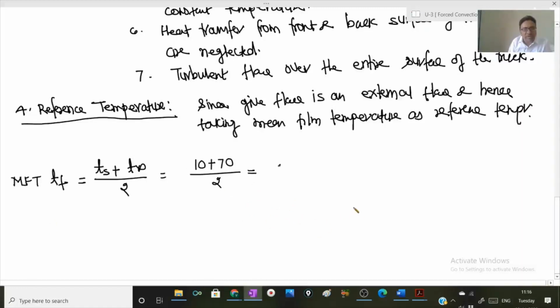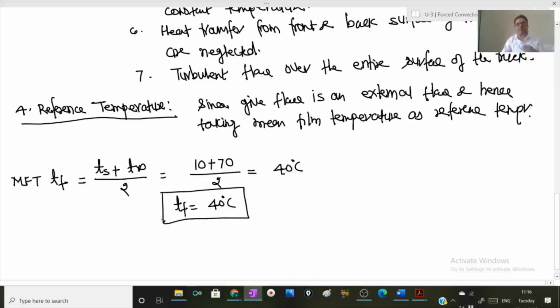So this will be 40 degrees Celsius. Step number 4.